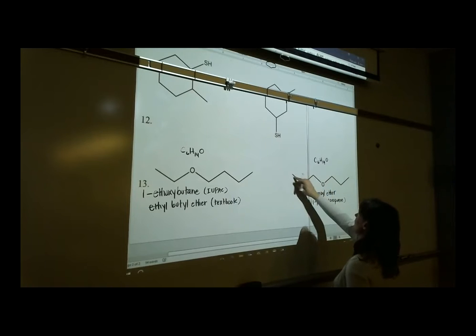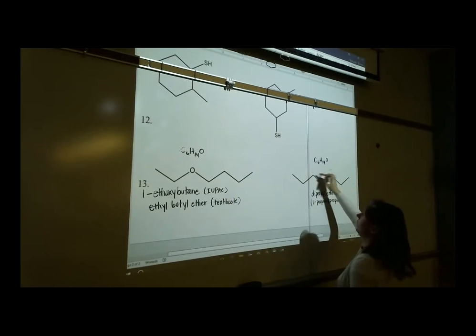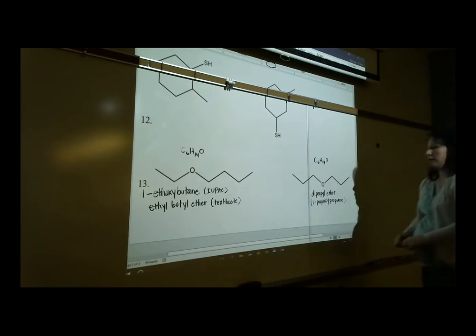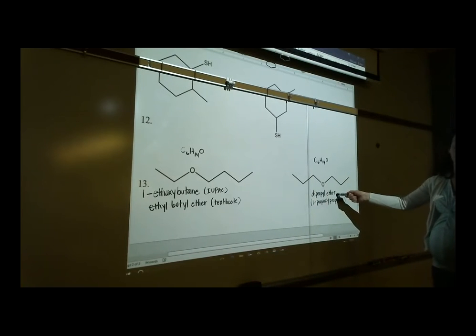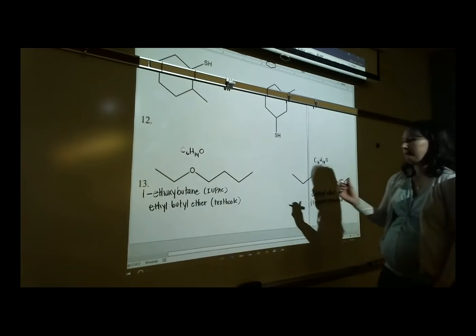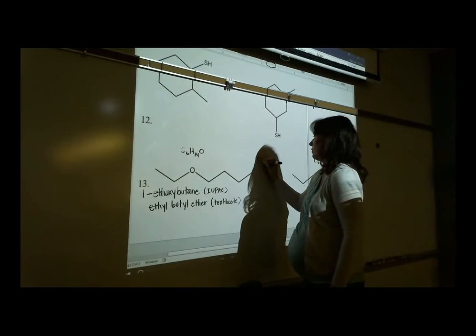This is 1, 2, 3. So this is a propoxy group on carbon number 1. But dipropyl ether works just fine too. And if you would have that showing up on a label, IUPAC would accept that. So based on this, what's the relationship? They're structural isomers, right?